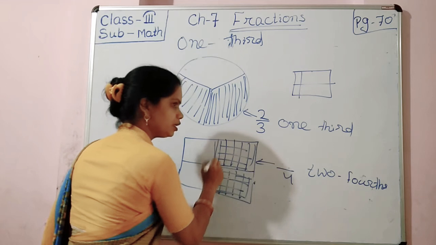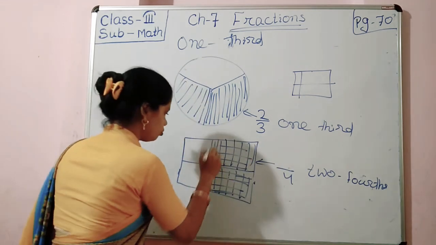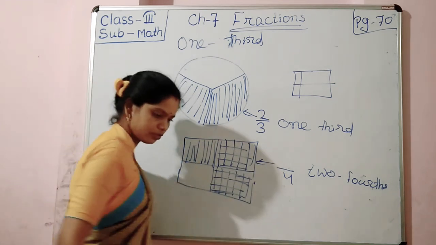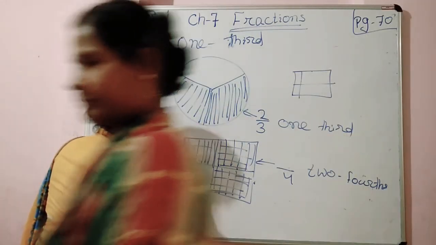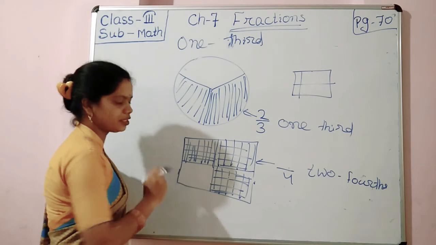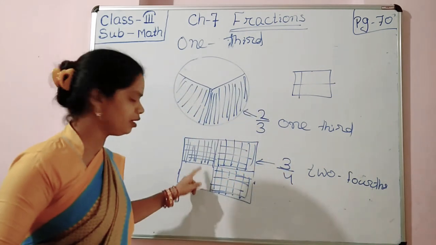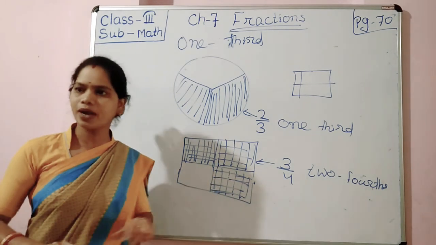Then suppose it is 3/4. In total we have 4 parts, and we take 3 parts of the circle.